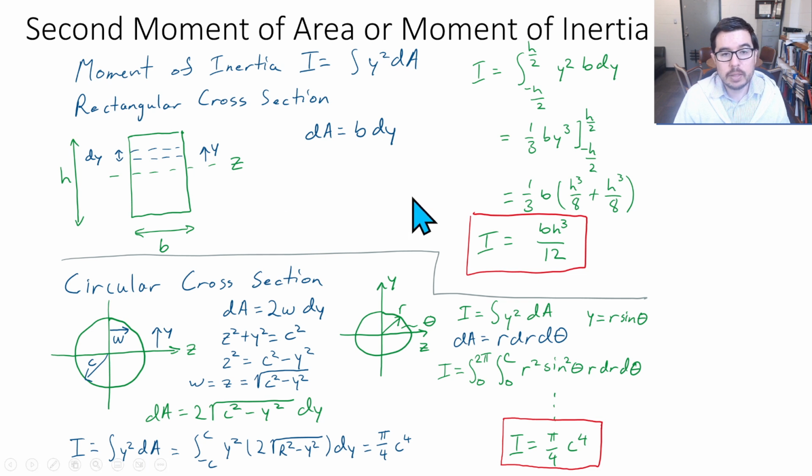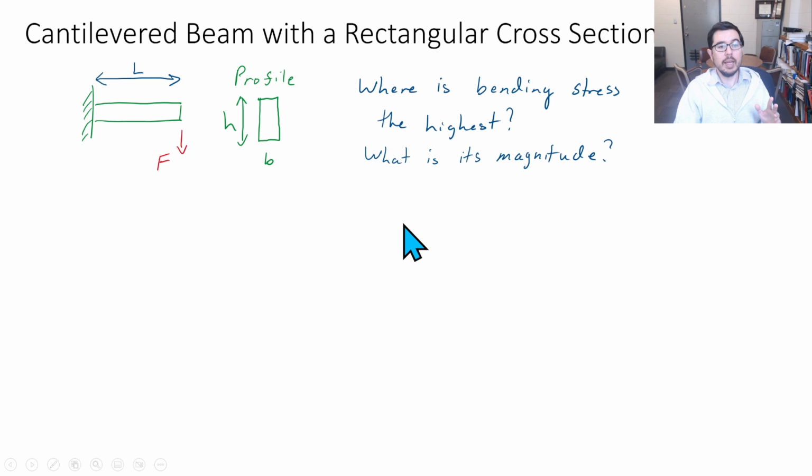Now, let's go back to an example that we've looked at previously in terms of bending moments and shear forces and strains as well. Here we have a cantilever beam, length L, with a force F. I think we used P earlier in the session.